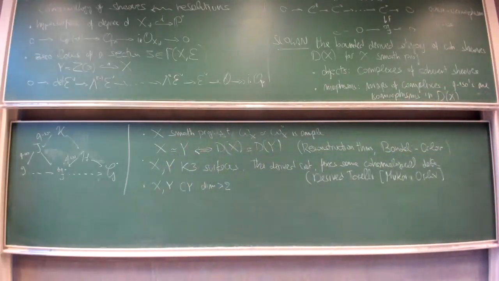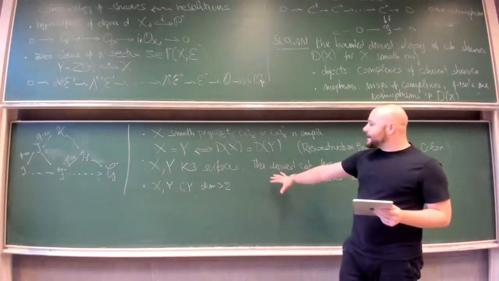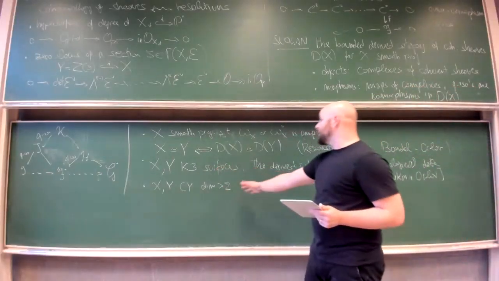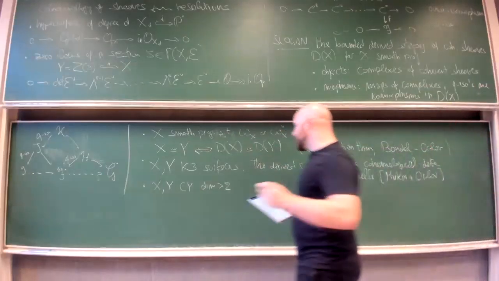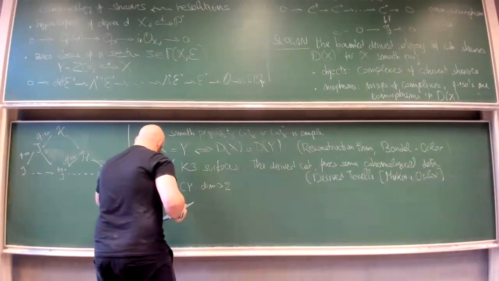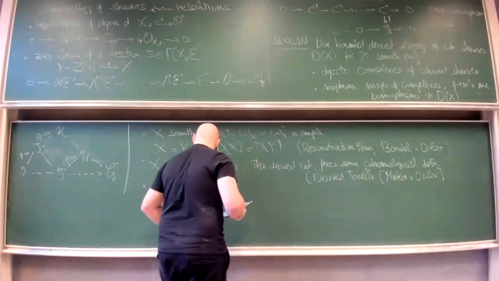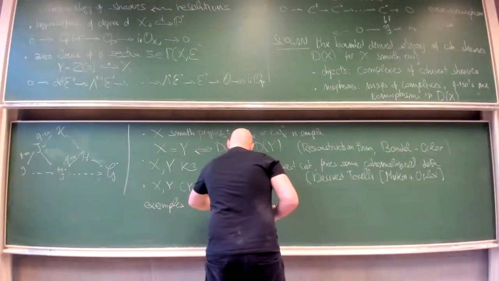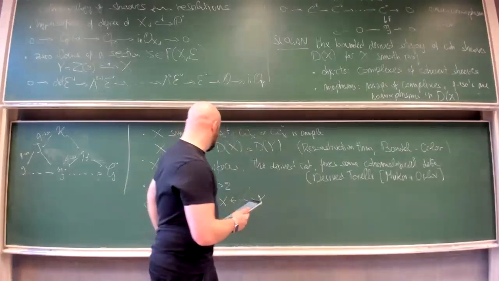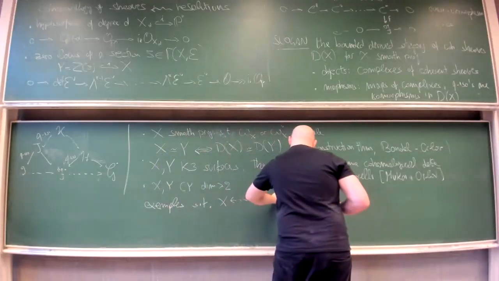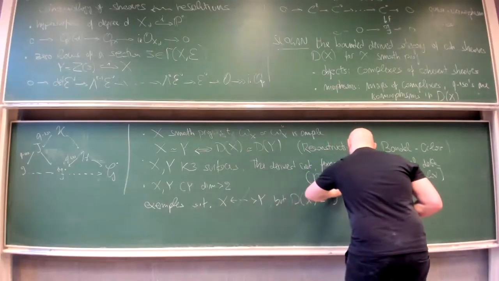I mean, everything that could go wrong goes wrong, actually, because you find not only pairs of varieties which are derived equivalent but not isomorphic, but even not birational. So you can find examples such that X and Y are not even isomorphic out of codimension 1, but they are derived equivalent.